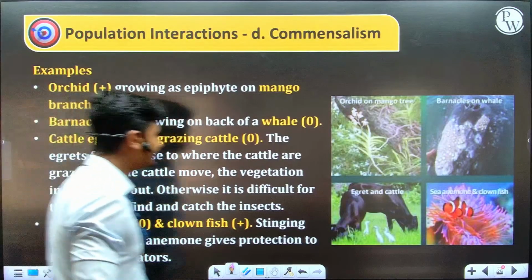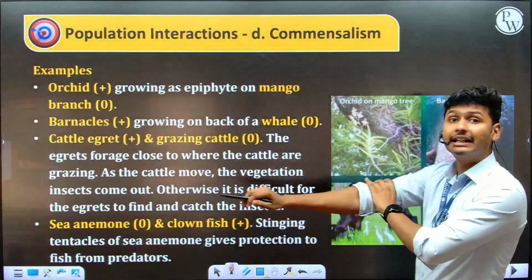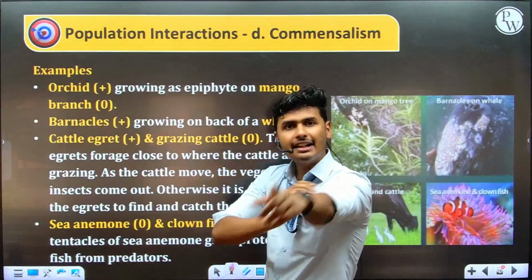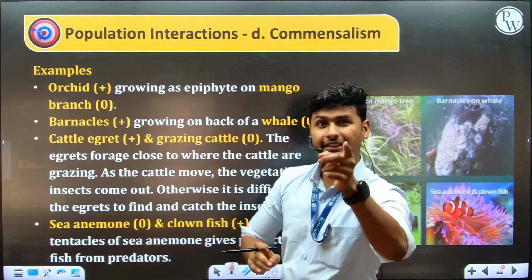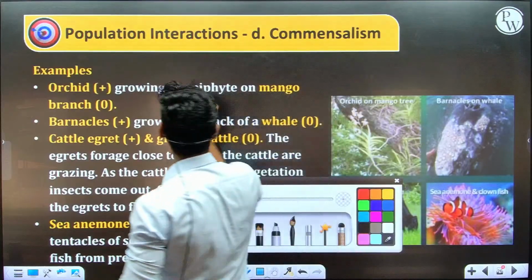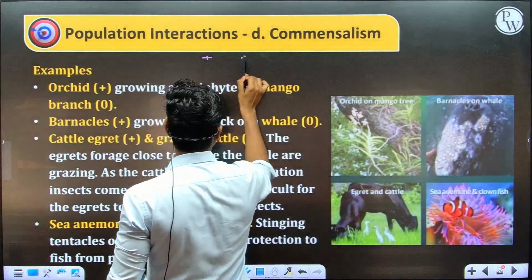Guys, it is positive and neutral. What is commensalism? One is positive, one is neutral.